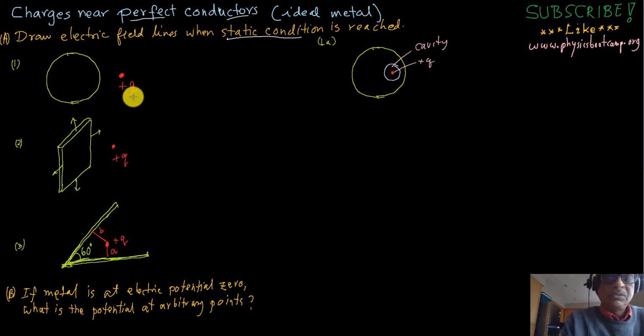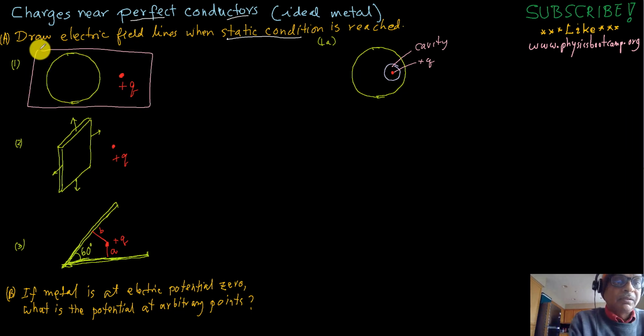Okay, so let's start to solve this problem. If I have a positive charge, then this is not static yet. So in a static situation, you'll have negative charges here.